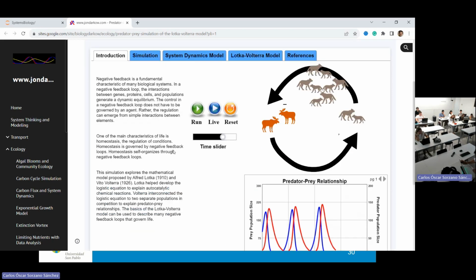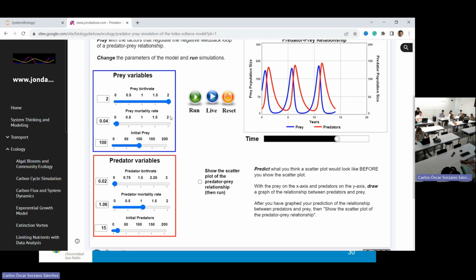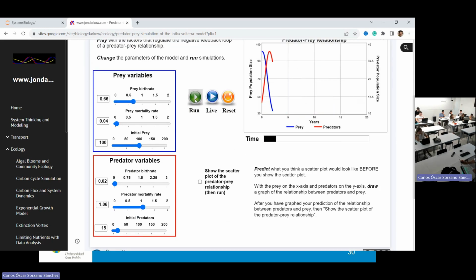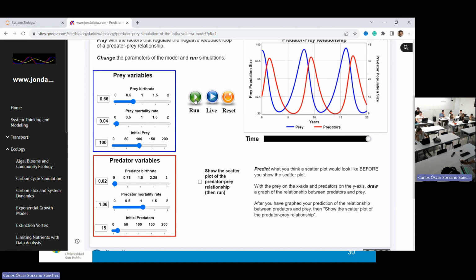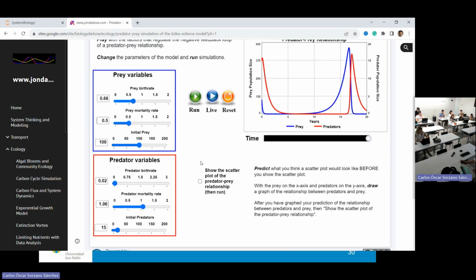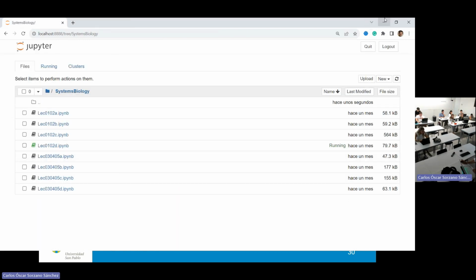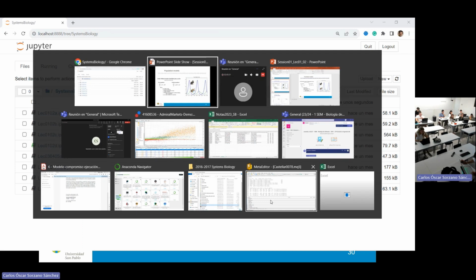I think you can also change the parameters, such as the birth rate, and then run it and see how sensitive this model is to the different parameters. So you can play a little bit with it. Okay, then, where are we? Here.